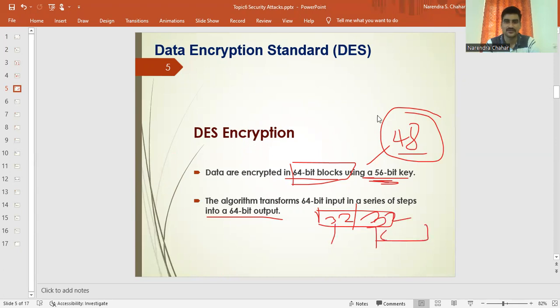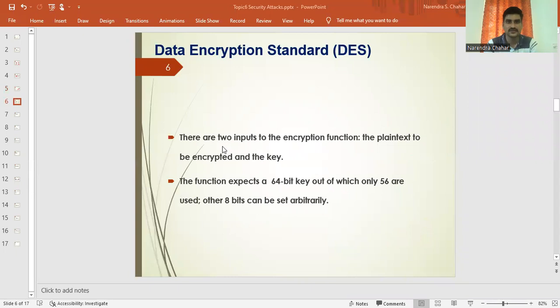These are the things we will see in the next slides. So in the next slide, there are two inputs to the encryption function: the plain text to be encrypted, and the key. The first one is plain text, and the second one is the key.